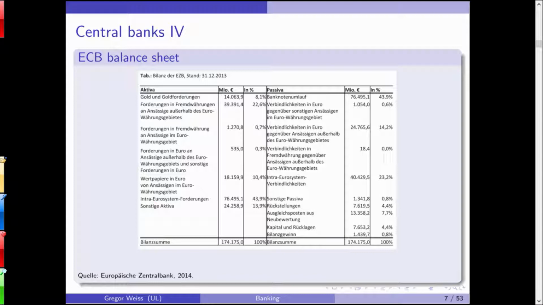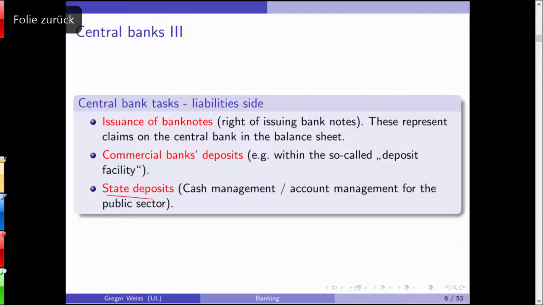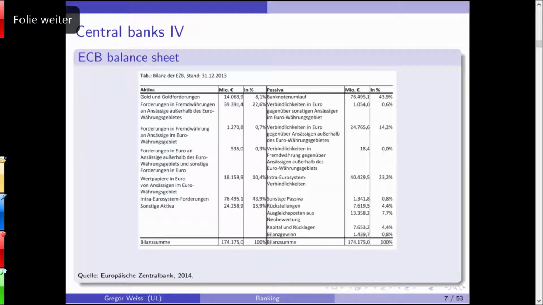The accounting rules for central banks are, of course, slightly different from those rules that apply to private commercial banks. So in this case, you can insert the profit of the central bank on the balance sheet, although it's a part of the income statement.